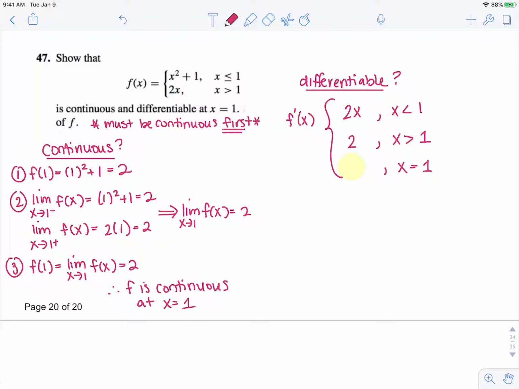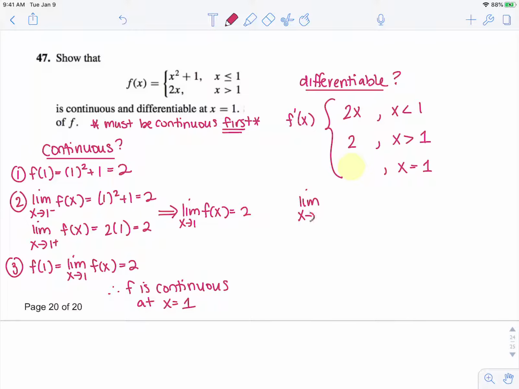Okay, so keep in mind the definition of a derivative is the limit of the average rate of change as the distance between the two x values gets closer and closer to 0. So for this derivative to exist, the limit from the left of the derivative needs to equal the limit from the right of that derivative.